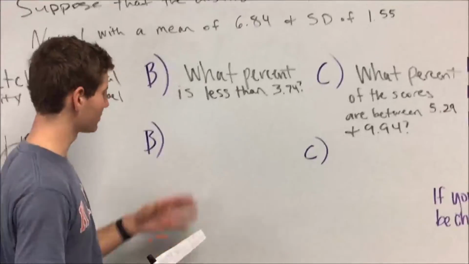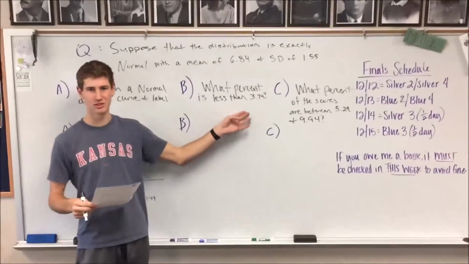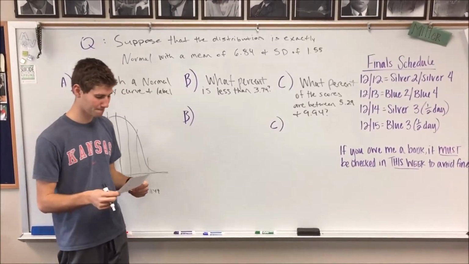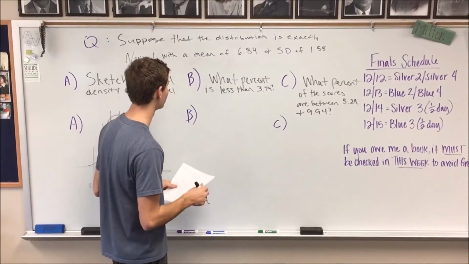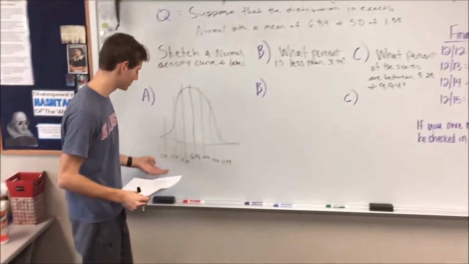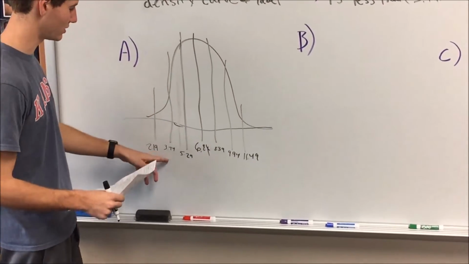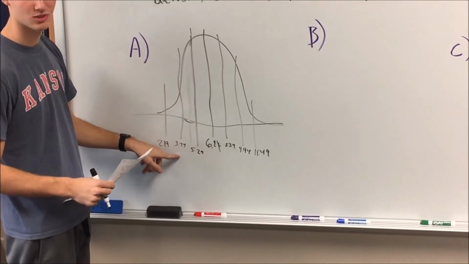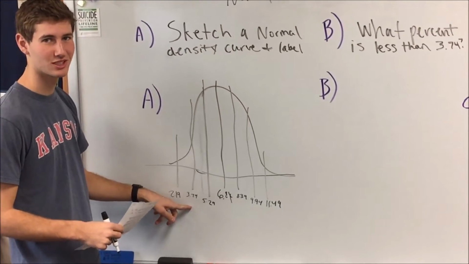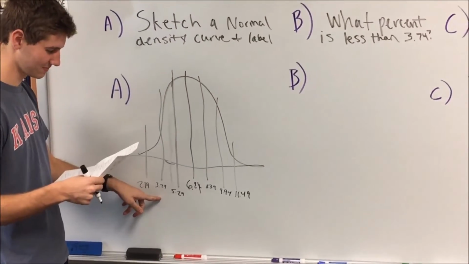Okay, what percent is less than 3.74? First off, we find 3.74 on the sketch, and we go 1, 2 standard deviations over.